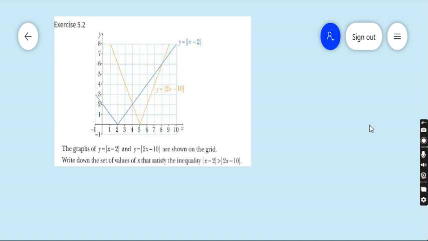Write down the set of values of x that satisfies the inequality modulus x minus 2 greater than modulus 2x minus 10. So we have to write the set of values.